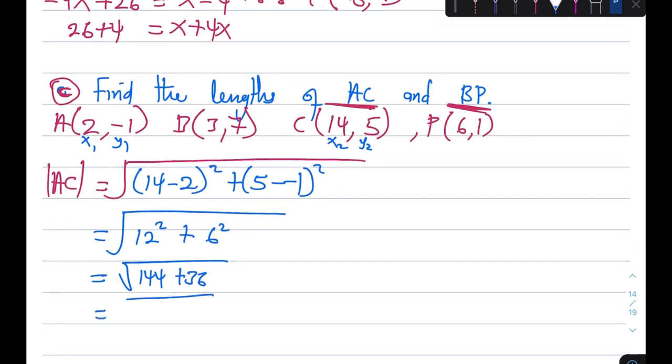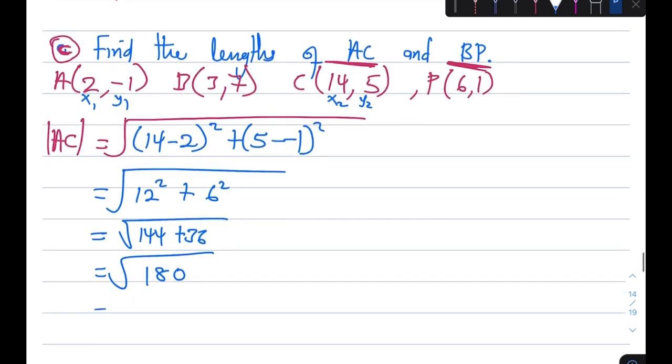Oh, hold on, that's not true. I think that would be 144 plus 36, that's 180. Root 180 is what? That is 6 root 5. Let me verify the answer. Okay, that's correct.